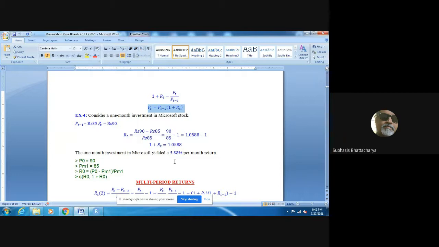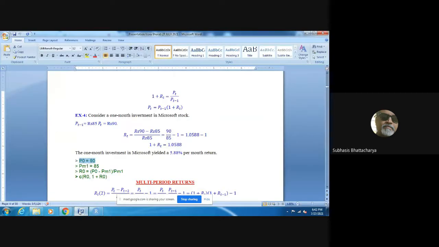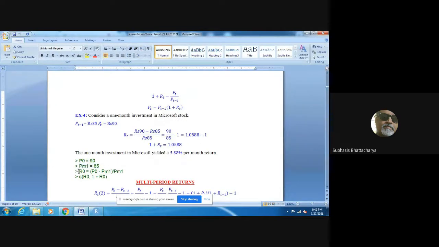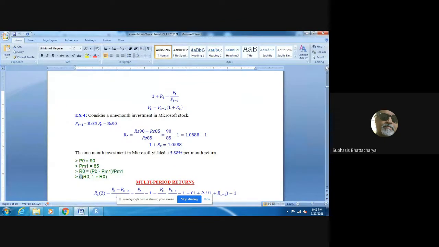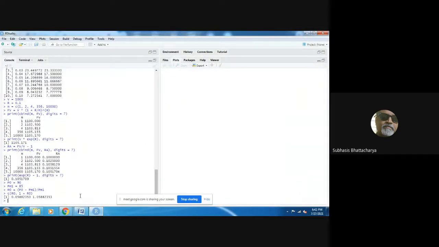Through R, we can easily calculate this, with P0 as 90, so we get the monthly return, that is 5.88%. I'm going quite fast.